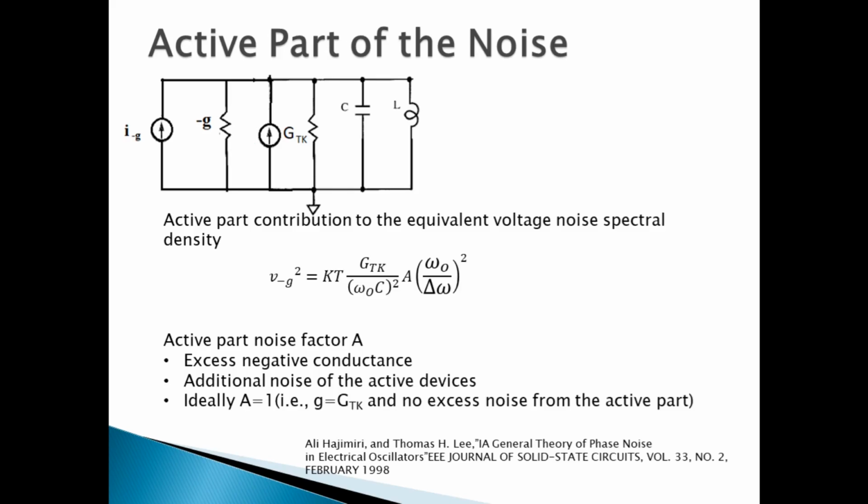For oscillations, it is important that the actual value of G is greater than or equal to GTK. So one portion of the noise is added by GTK and the rest is added by the active part, and we can define a certain noise factor.